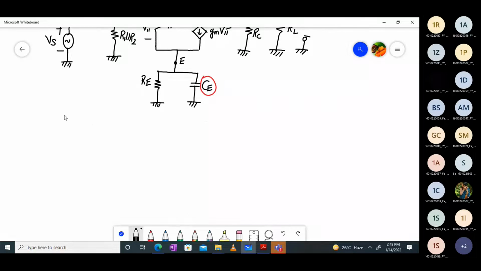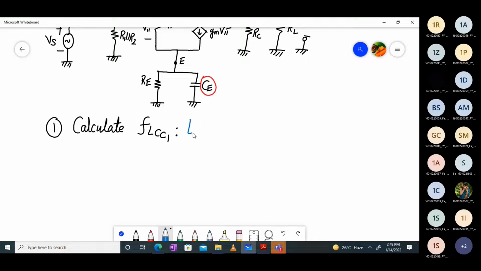First of all, we'll start by calculating FL of CC1. So what is this FL of CC1? We'll see that shortly now.